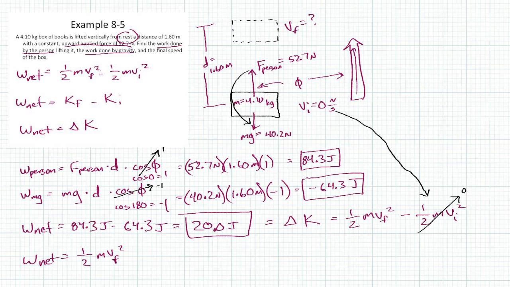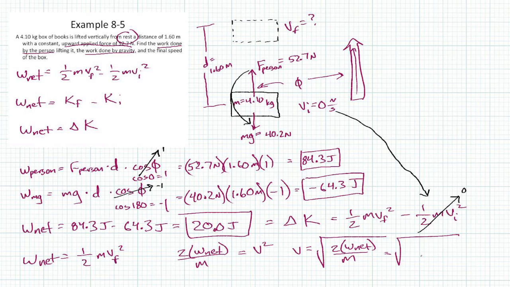Let's solve for our final velocity because we know everything else, and we simply plug and chug. Let's take our 2, bring it across the equal sign, and bring it to the top. So 2 times the net work divided by m equals v squared. And so v should equal the square root of 2 times the net work divided by m.